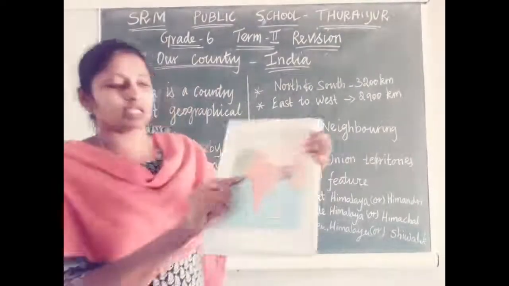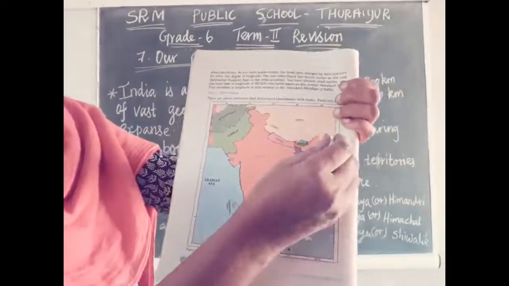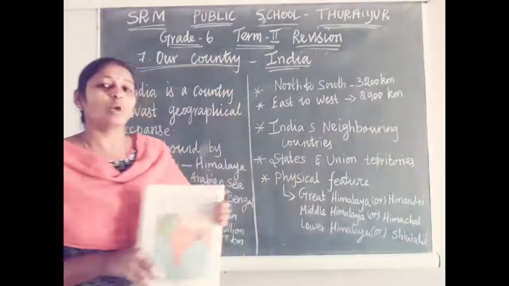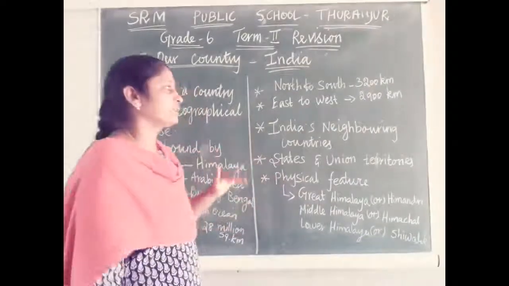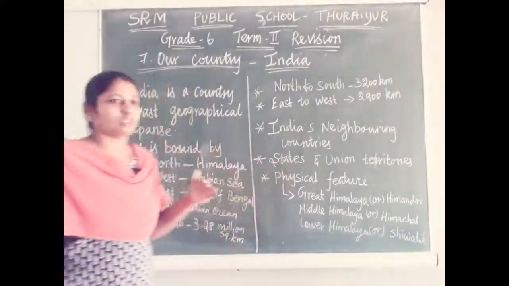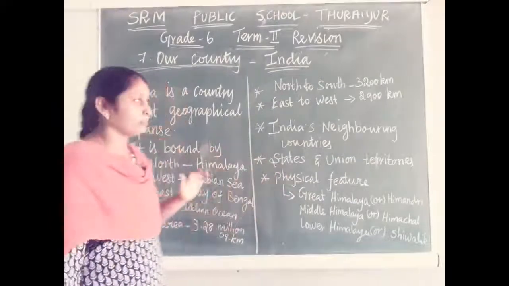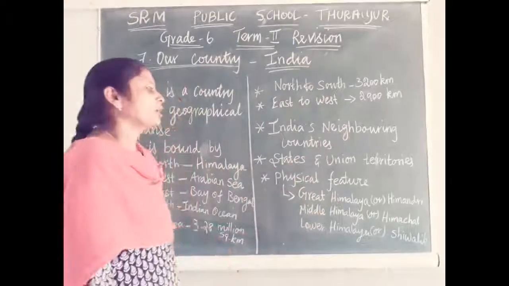From this edge, east to west, the distance is 2,900 kilometers. So just imagine how big our India is. You are supposed to keep this distance in your mind.